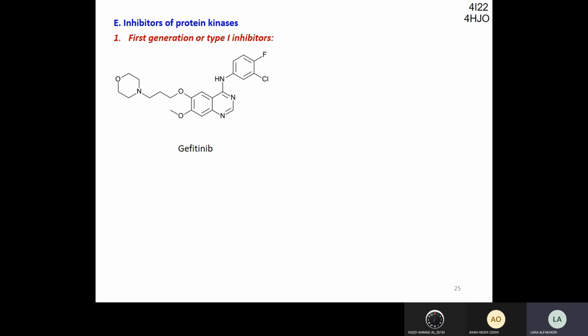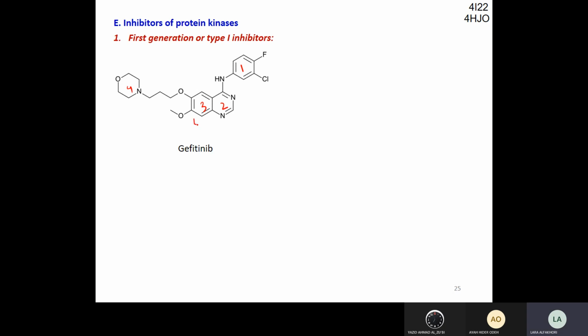Okay. Now this kinase inhibitor, if I asked you which part of this drug will form hydrogen bond interactions with the hinge region, or in other words will bind in the adenine pocket, which one is it? If I numbered them 1, 2, 3, 4.